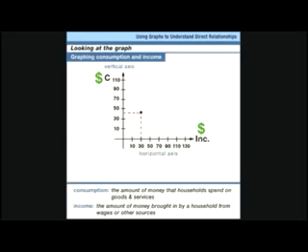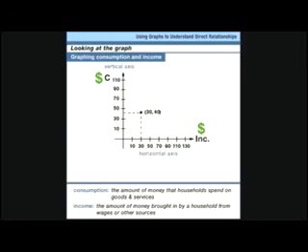I can label this point with a pair of numbers that represent its coordinates. I'll write first the horizontal coordinates, that is 30, to represent their income, or 30,000. And second, I'll write the vertical coordinates of 40 to represent the spending data.